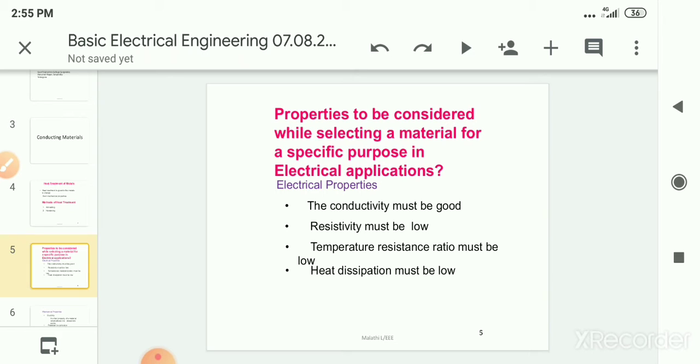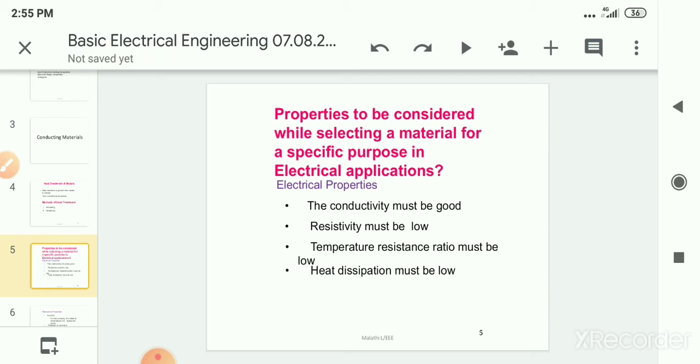For what application, which material is best and effective. Those properties are electrical properties, and some mechanical properties are also there. And in addition to these electrical and mechanical properties, we will study its economical properties also.